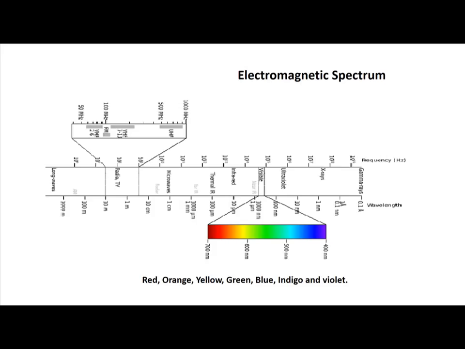We looked at the properties and applications of long waves and radio waves. And the next after that was microwaves. We looked at the properties and applications of microwaves, and we were able to identify microwaves as being a wave that has more energy than radio waves.